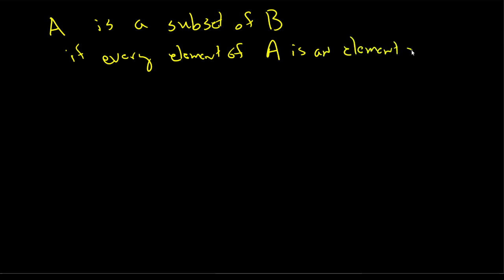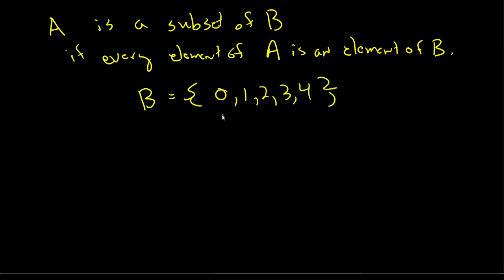So let's do an example here. I'll show you some set notation. I'm going to list every element. I'll say B is the set of 0, 1, 2, 3, 4, so we'll have the counting numbers, and I will say A is 0, 1, 2, and 3.